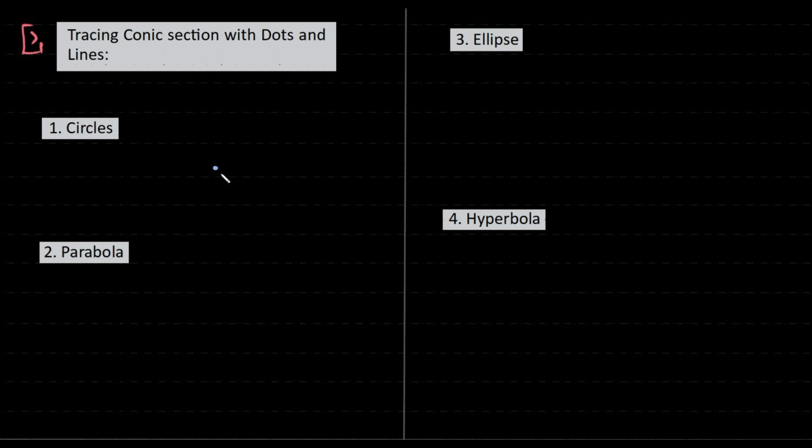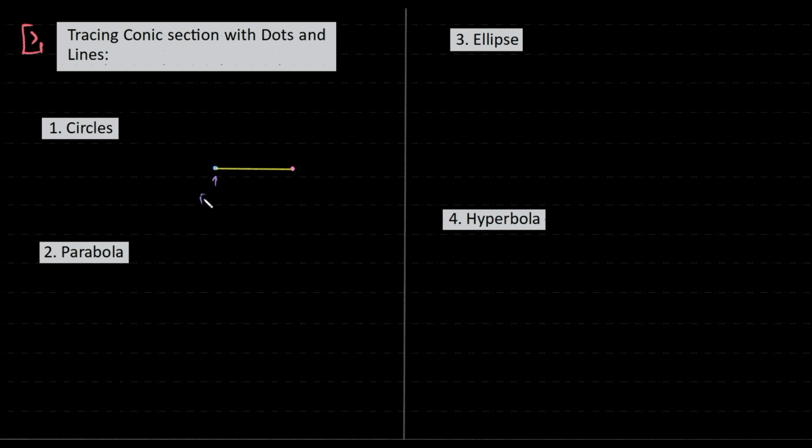Yes, we have a dot and then we have a fixed line. So these two are fixed. So let me summarize this.